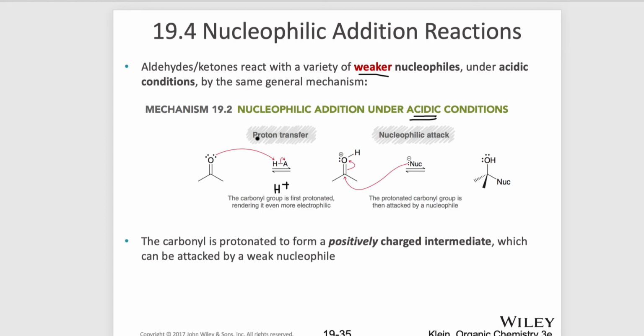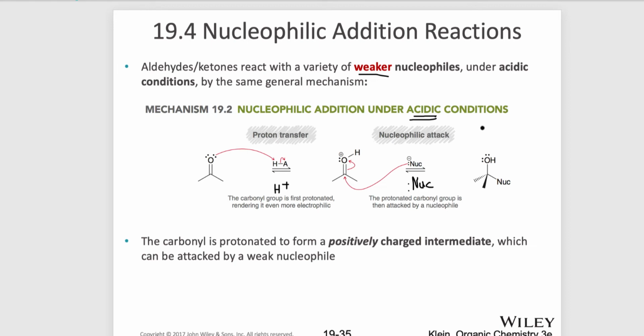As it says up here, proton transfer. We have now activated that carbonyl group so that even weaker nucleophiles can attack. Weaker nucleophiles means that it could be an Nuc minus, but frankly, it could also be an Nuc that only has a lone pair and no formal charge, okay?